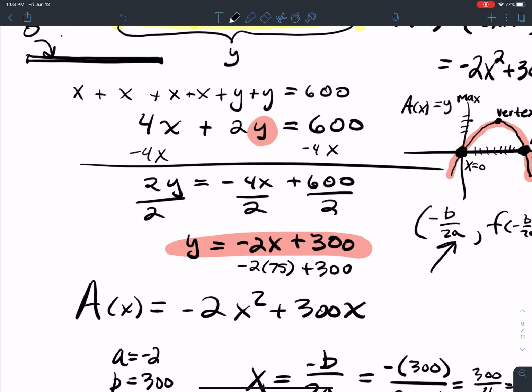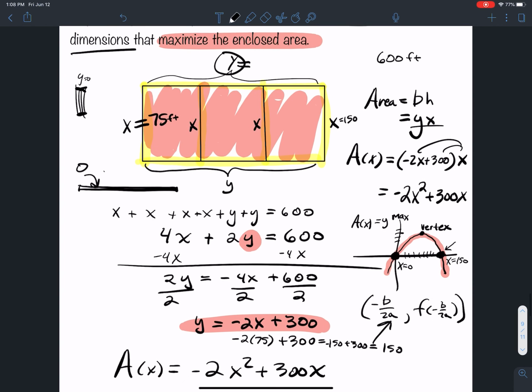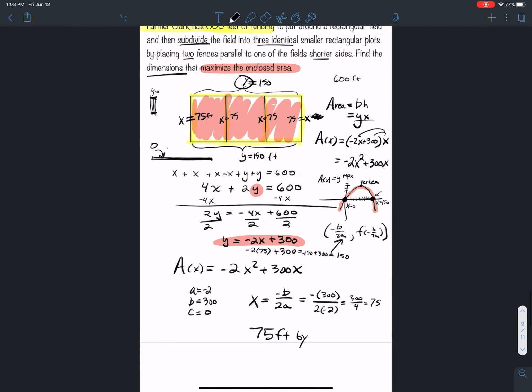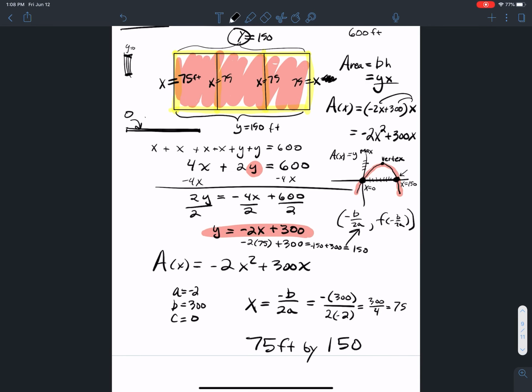This gets me negative 150 plus 300 equals 150. So this side is 150 feet. So that's 75, 75, 75, and then this is 150 right here. So the dimensions are 150 feet by 75 feet.